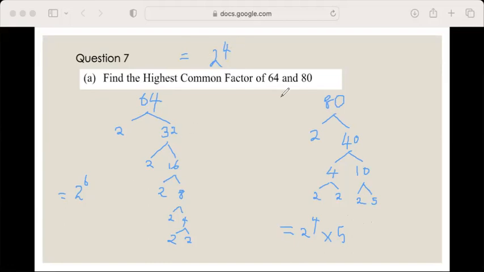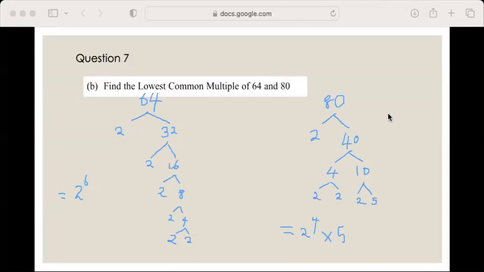So just simply 2 to the power of 4 is going to be the highest common factor. So 2 to the power of 4 is 16. So the answer is 16 for this question. That is the highest common factor of 64 and 80 is 16.